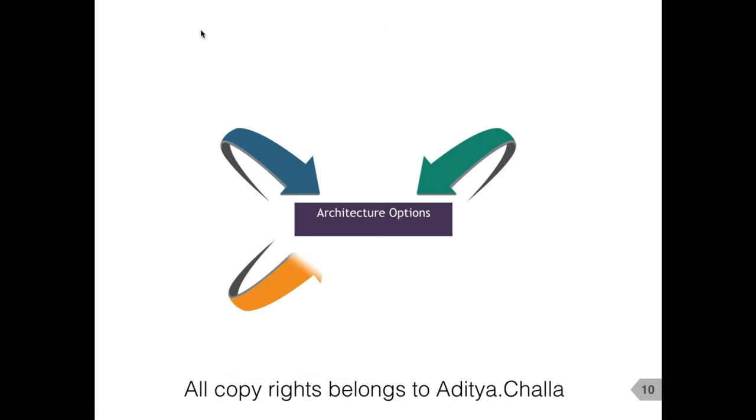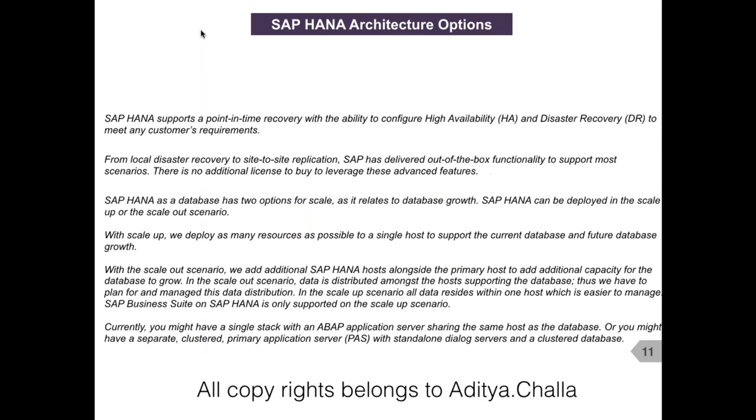Then, when you come across architectural options, this is very simple to understand. SAP HANA supports point-in-time recovery with the ability to configure high availability and disaster recovery management. As I already told you, most people have a question. Technically, if you think, suddenly if a power failure occurs, or any inconsistencies occur, what happens to the updated information?